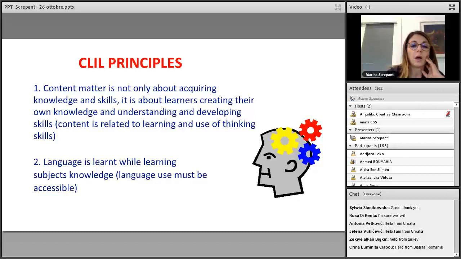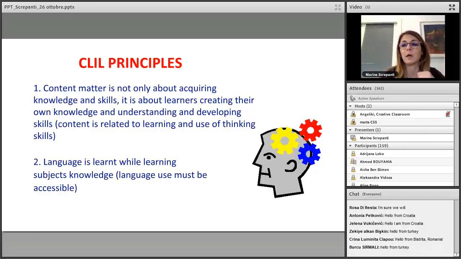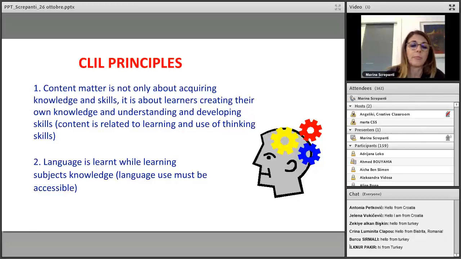The principles. Content matter is not only about acquiring knowledge and skills, but it is about learners creating their own knowledge and understanding. In fact, as I said before, students have to think, reflect, manipulate, handle the subject's tasks.